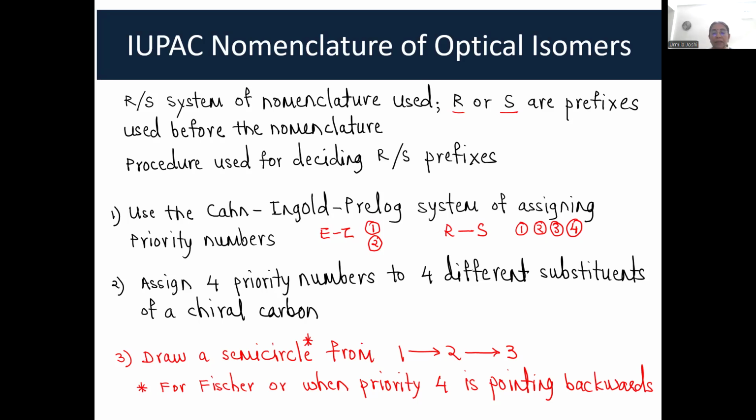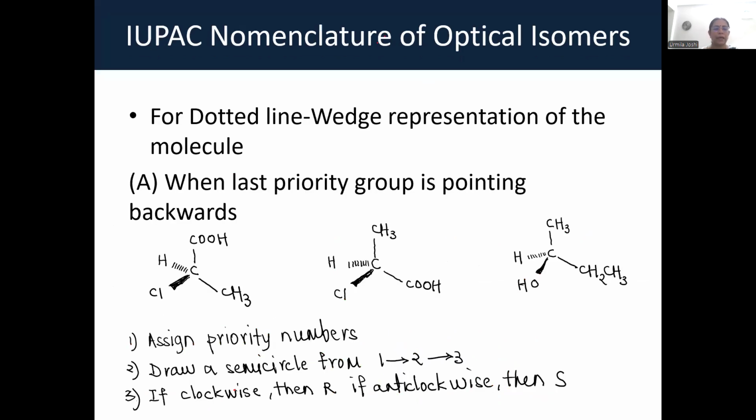Now, after that, things are different. But first step is same. After assigning 4 priority numbers, draw a semicircle from 1 to 2 to 3. Okay, when you draw a semicircle from 1 to 2 to 3, then things are different for dotted line wedge and Fischer. Okay, just see over here.